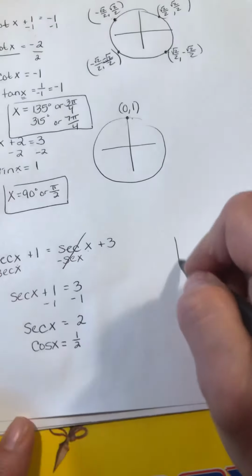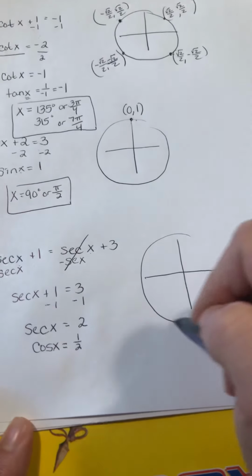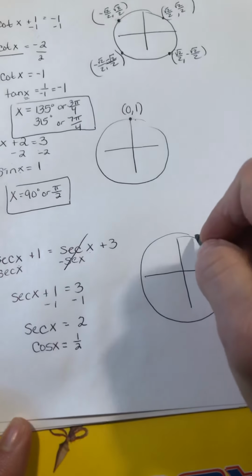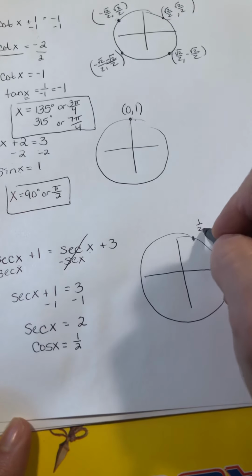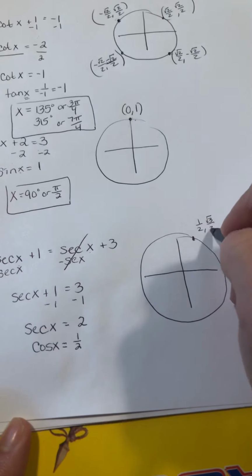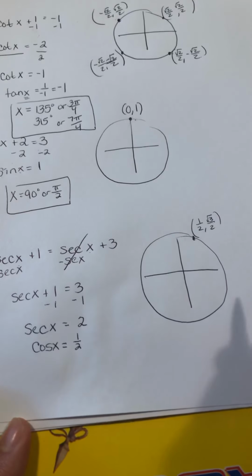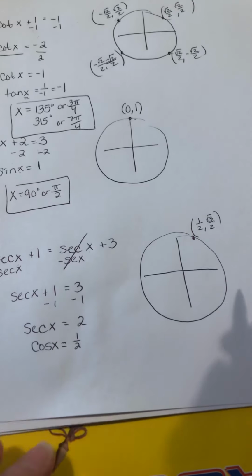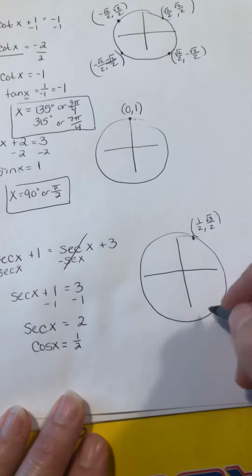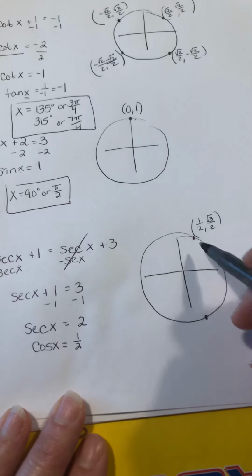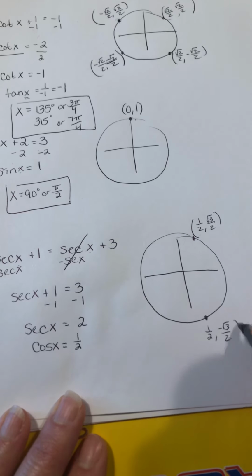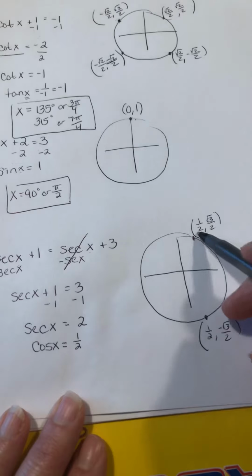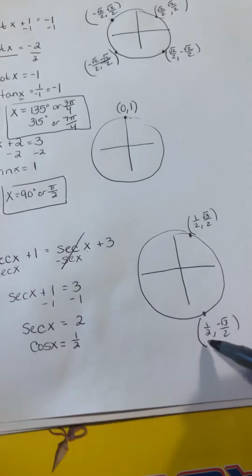If I think about on my unit circle, where cosine of x is equal to 1/2, that happens right up here at 60 degrees. Remember our ordered pair here is 1/2, comma rad 3/2. And the other place where that happens is going to be down here. Remember, cosine is our x value. We have a positive 1/2 here and a negative rad 3/2. So I'm looking at our values of x.